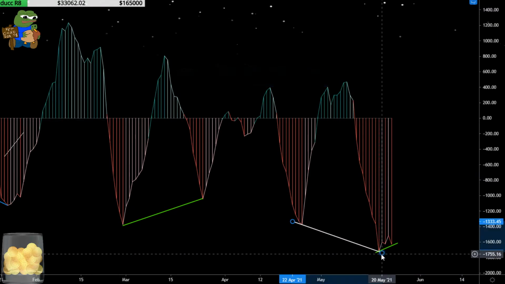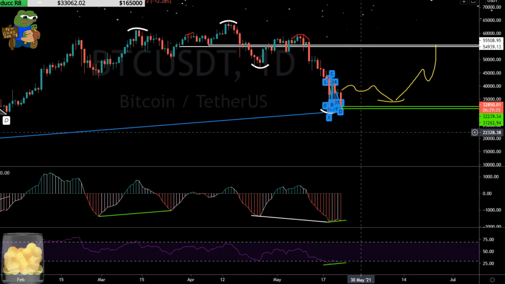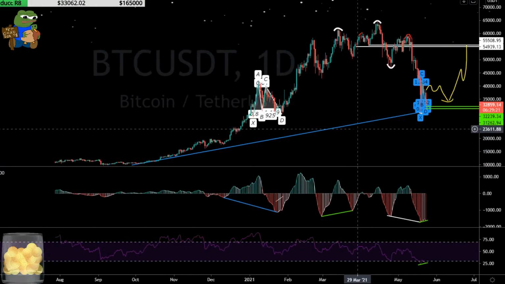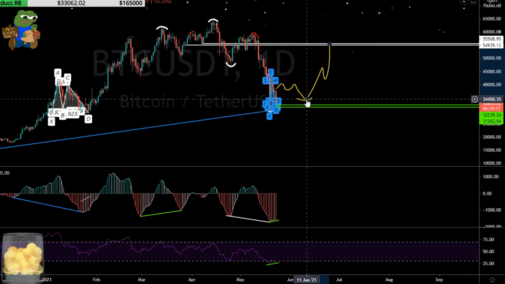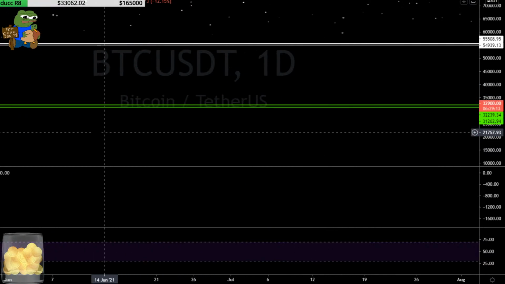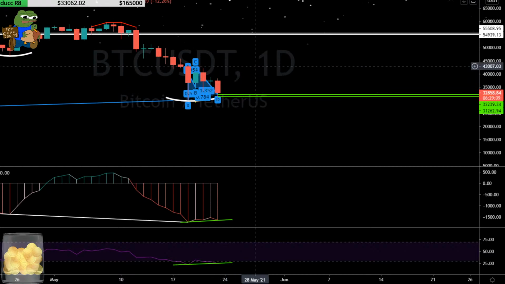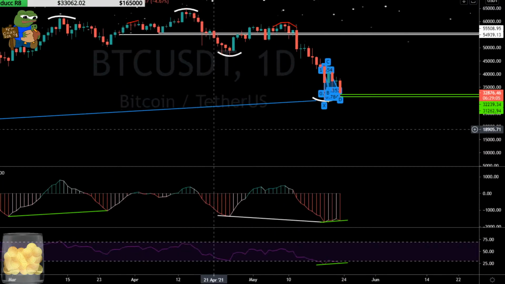All right. So, yeah, it's definitely a scary area for one to want to get in here, but it's a good area to get your risk to reward back into your favor a little bit, okay?